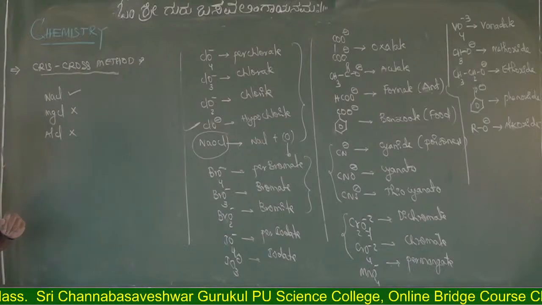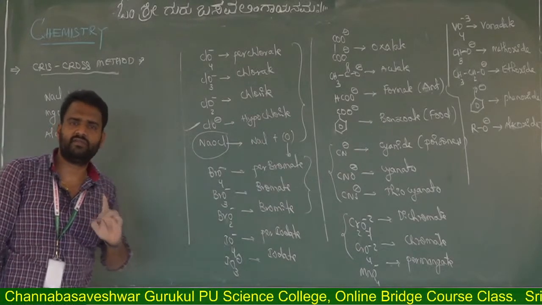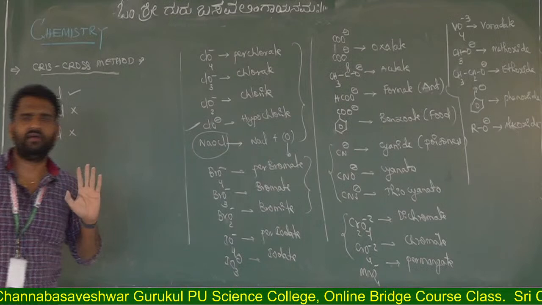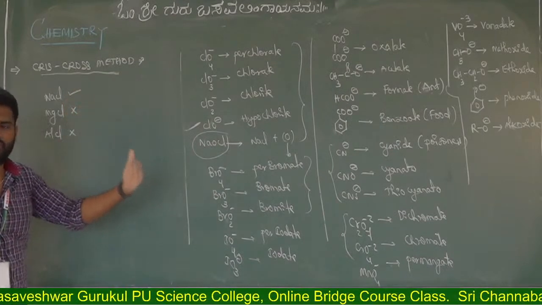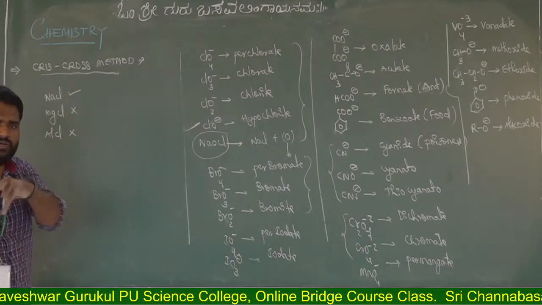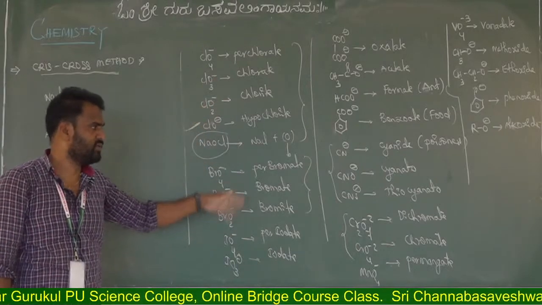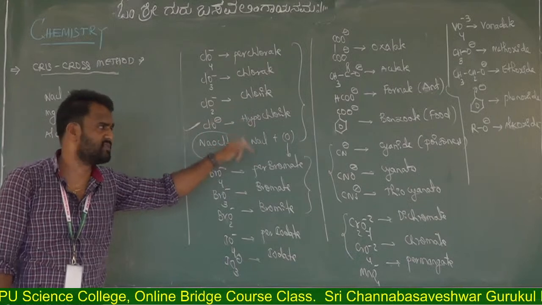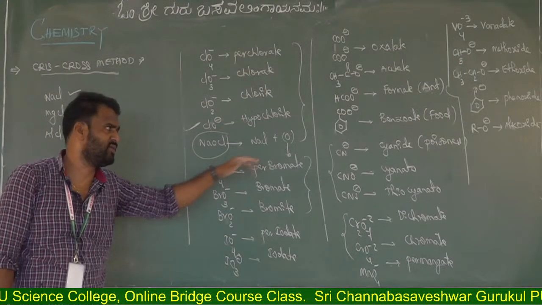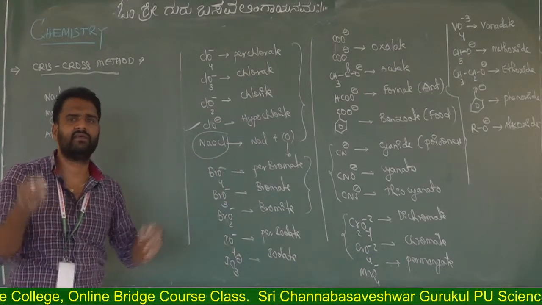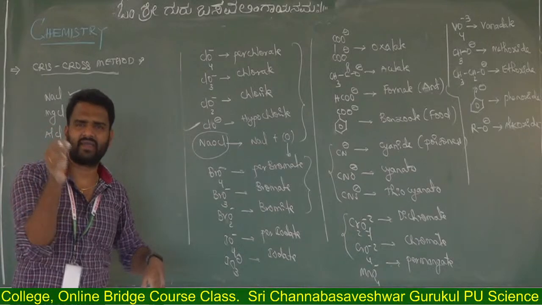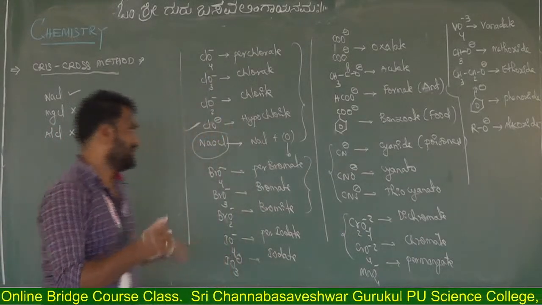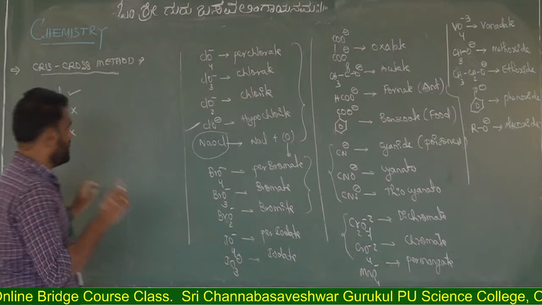Whatever you are pronouncing, if you write according to that, it will always be wrong. Based on the criss-cross method only, you have to write the resultant formula of the ionic compound. For that, you need to know the existing charge on the cation and anion. Once you know that, you can write the exact and correct formula. Writing from the name is not correct.